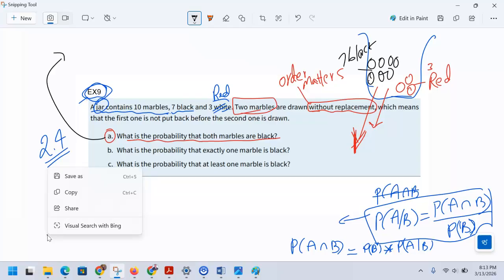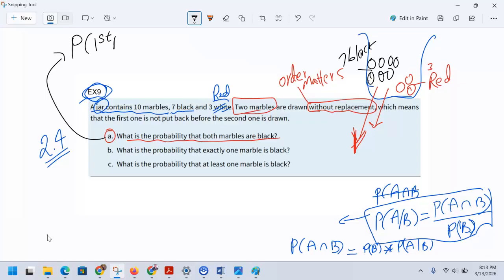We can use the probability that the first is black, and the second is black. Instead of that I can write B1 and B2, so this means first black and second black.